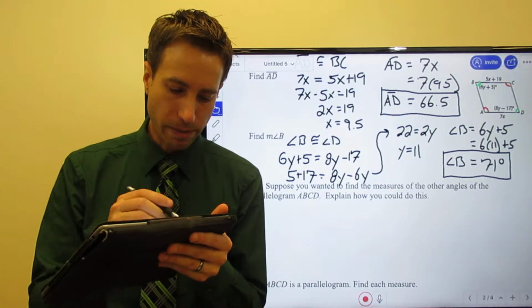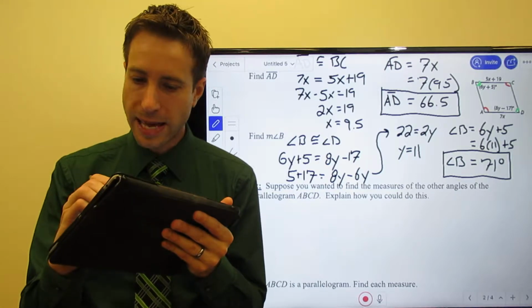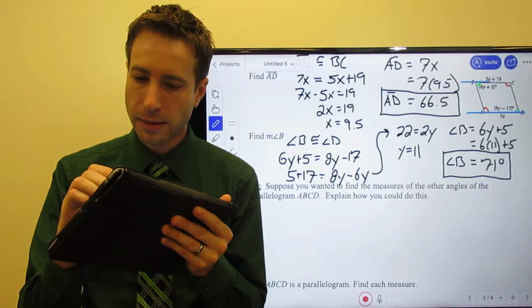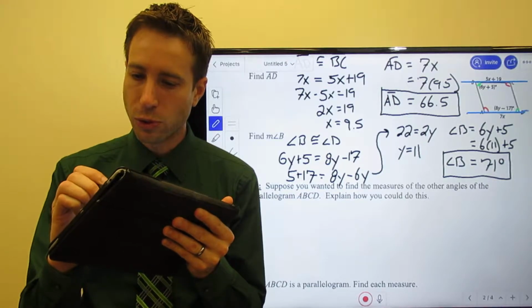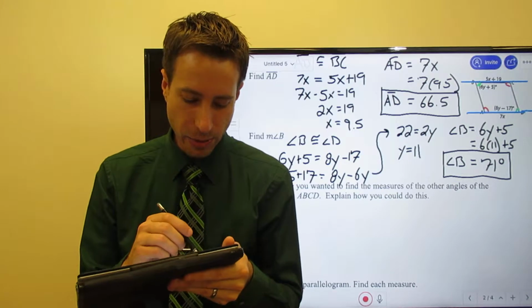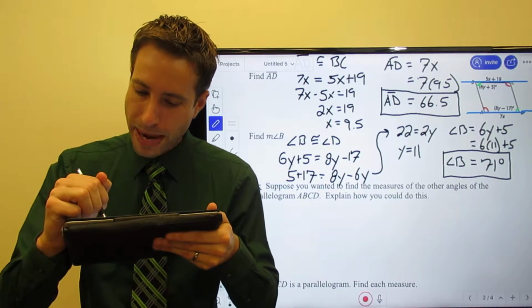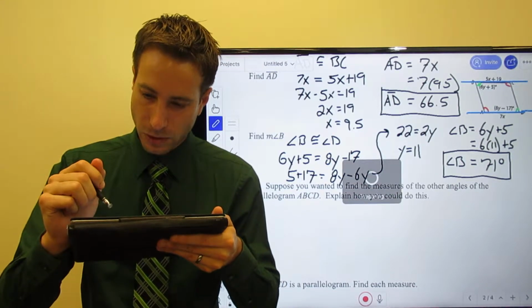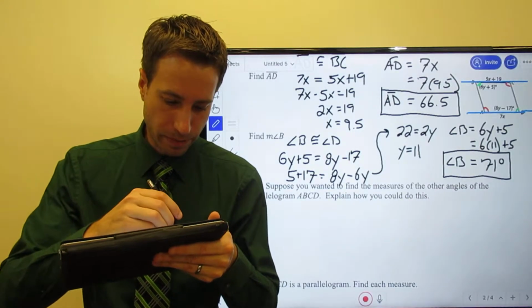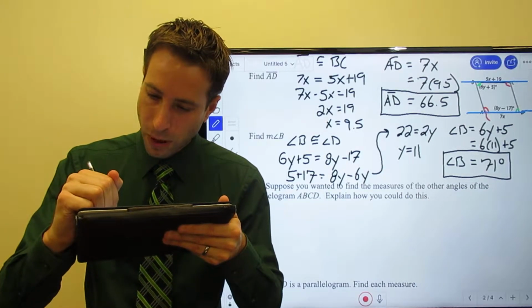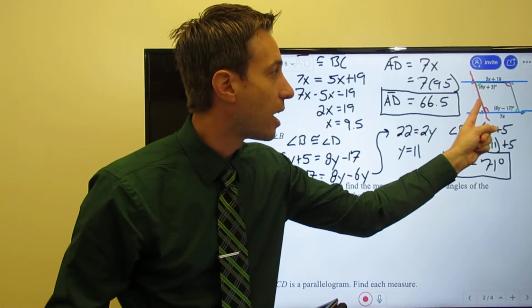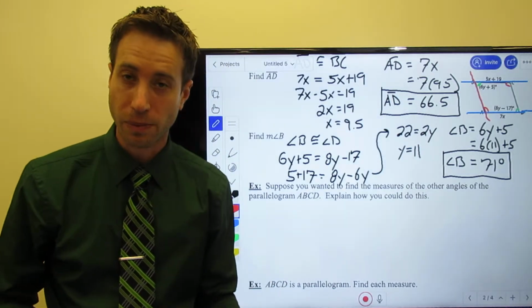First, this one. Please recognize that AD is parallel to BC. Those blue lines are parallel. That's right, you can see where this is going. We're going all the way back to chapter 4, where we have parallel lines cut by a transversal.